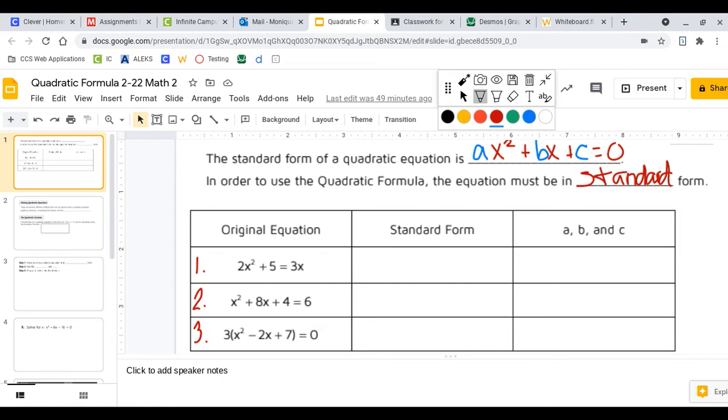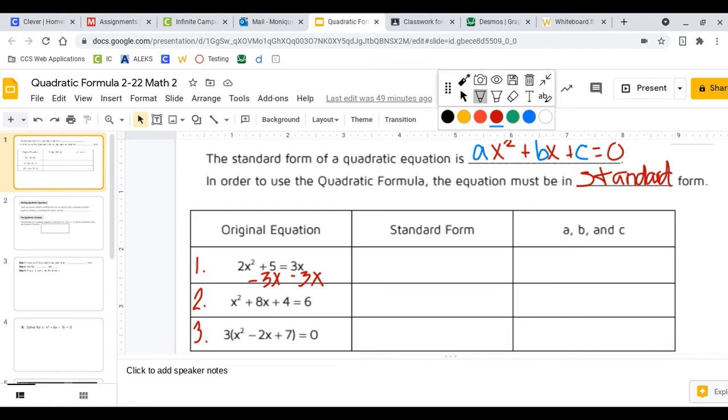Instead of the 3x on the other side of the equal sign, I want this to equal 0. If I subtract 3x from there, I will then have 0 over there, but I have to do that on both sides. So I'm going to subtract 3x on each side.